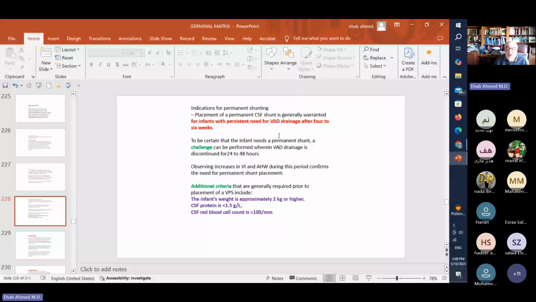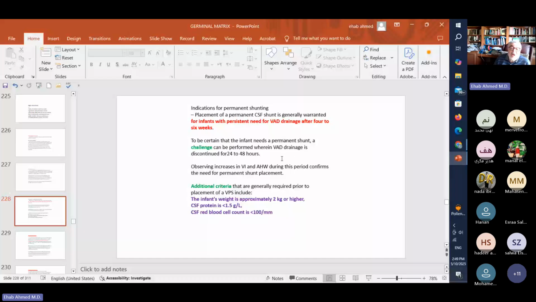And there we have criteria for that. I don't know if you do it, but usually it is determined and dictated by the neurosurgeon, who likes to see a baby who is more than 2 kilograms. Some use 2.5 or higher. CSF proteins less than 1.5, some people say less than 2, and CSF red cells less than 100. These are the criteria for the ventriculoperitoneal shunt.